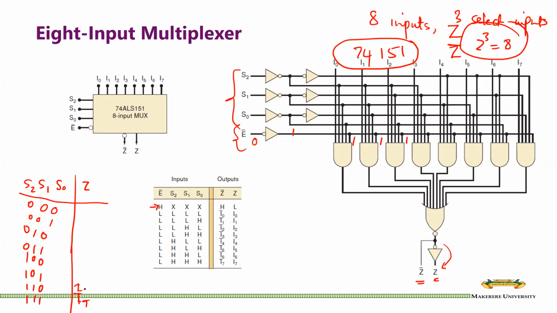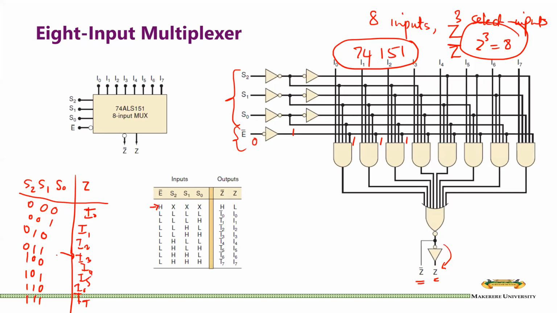That will be I6, I5, I4, I3 in that case, I2, I1, and I0. So we can see that depending on the combination of your S2, S1, and S0, we will have a certain output that corresponds. Just one output will be left to go out to the output of the multiplexer.